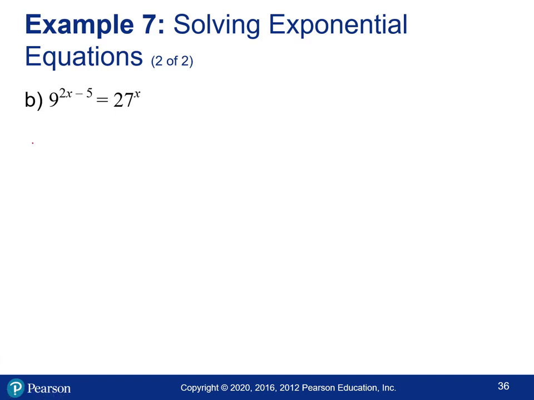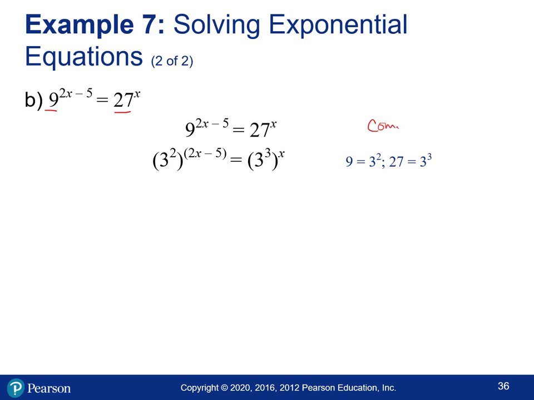Alright, how about this next one? The left side has 9 as the base, the right side has 27. 27 is not a power of 9, but both of those numbers are powers of 3. So the common base, the number that they both share, is 3.